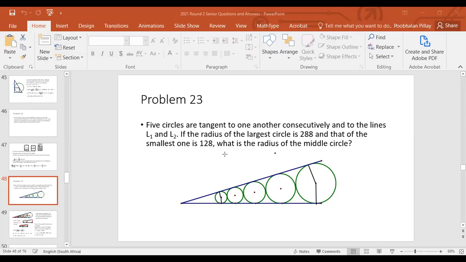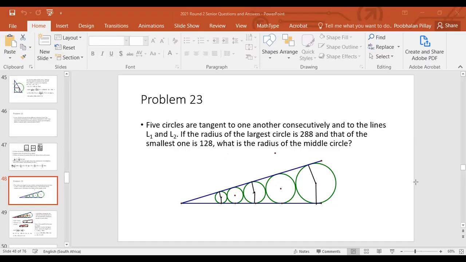And the question is, what is the radius of the middle circle? Now, this is another example of a problem which takes a long time to solve.